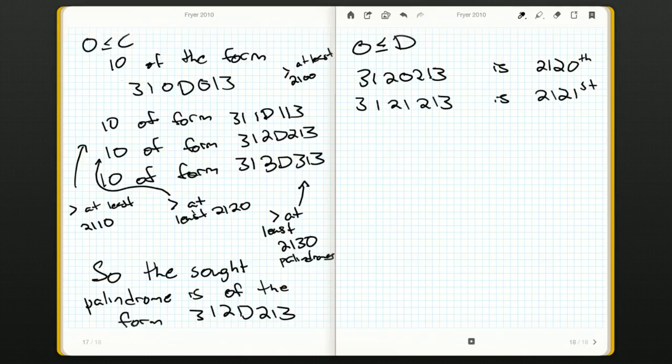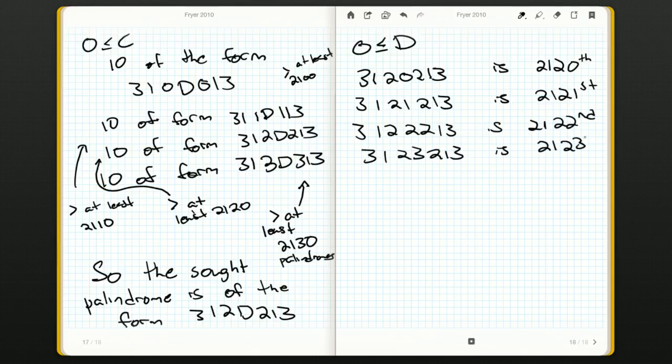So this guy automatically is bigger than 2100. If I just put a 0 in here, that's the very minimum he could be. So he's definitely bigger than 2100. If I put a 0 in here, he's automatically bigger than at least 2120 of them. But he's no bigger than any of the others. So he's got to be the 2120. Okay, so we're definitely on the right track. Alright, one more to go, I think.